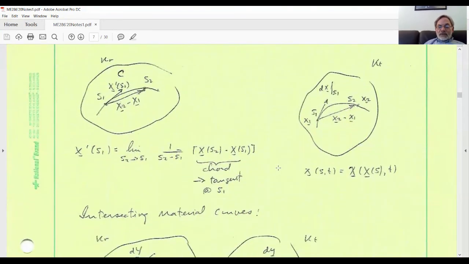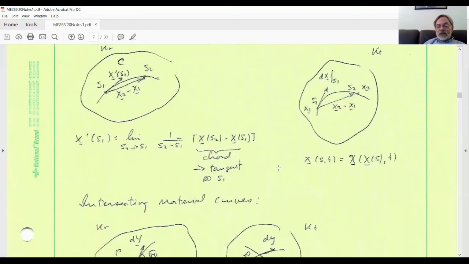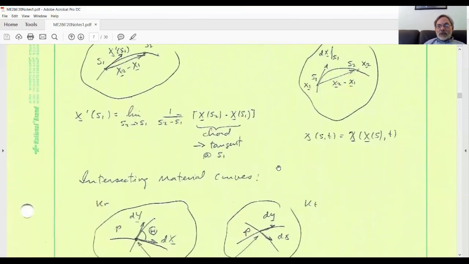So we have the idea that these differentials dx are tangential to the curves. Here, of course, the parametric representation of this curve in terms of capital S is obtained simply by inserting the original curve, capital X of S, into the deformation function.